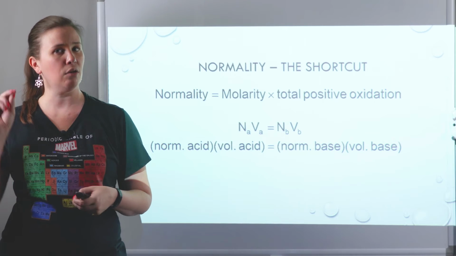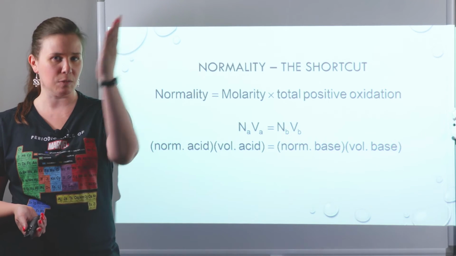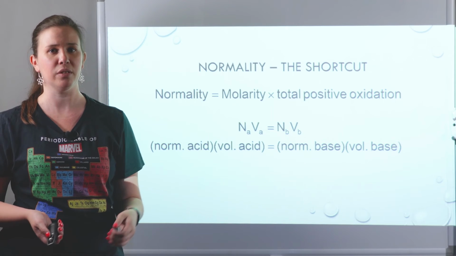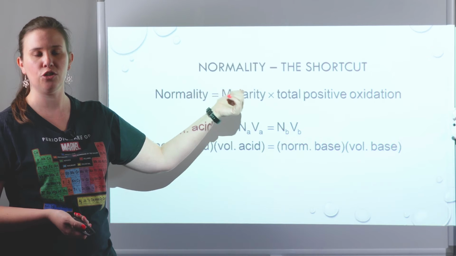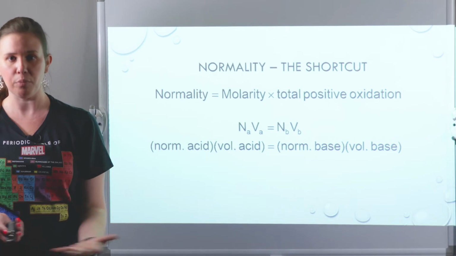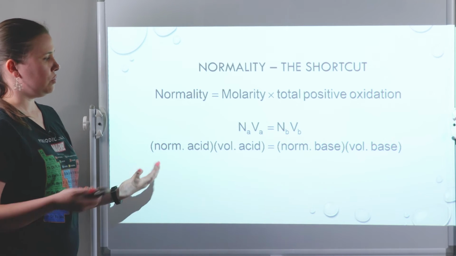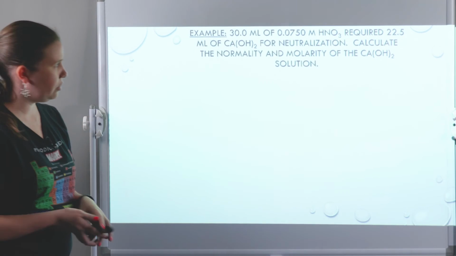So if we take care of the charges, we take care of the coefficients. There's a specific cause and effect that happens there. Taking care of the charges can be accomplished by just changing molarity into normality instead of having to go through 3 separate breakdown steps. So some people prefer this way. It is totally up to you. You're going to get the same answer, but I want to work one this way as well.